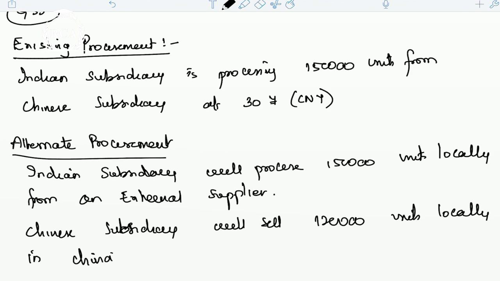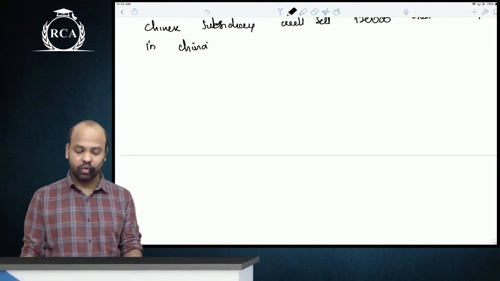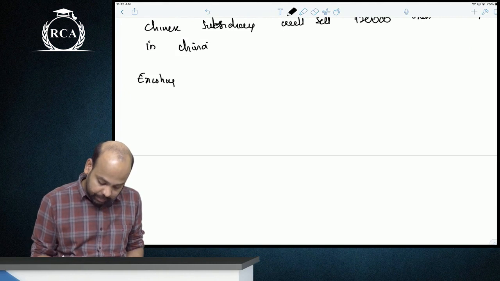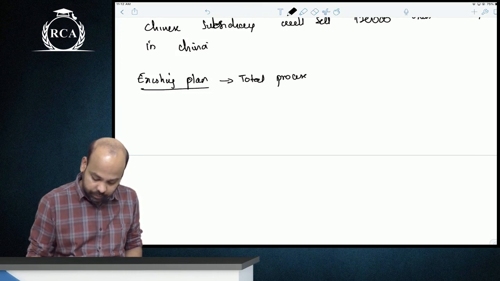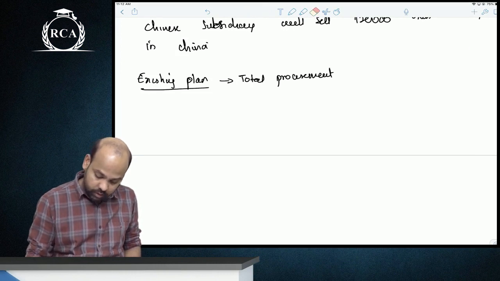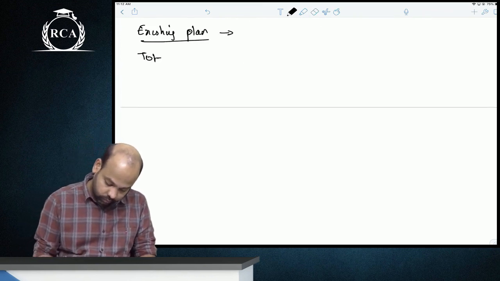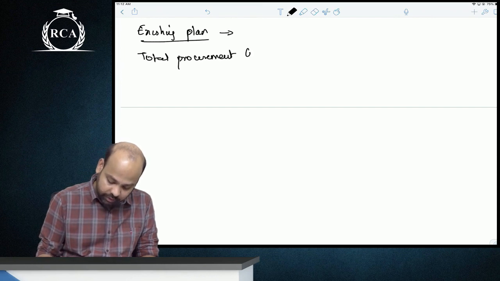Yes guys, I hope you're all clear about this. Now let us see what is the total cost. First, under the existing plan, we will see what is the total procurement cost. I will write total procurement cost net of taxes for the Indian subsidiary.